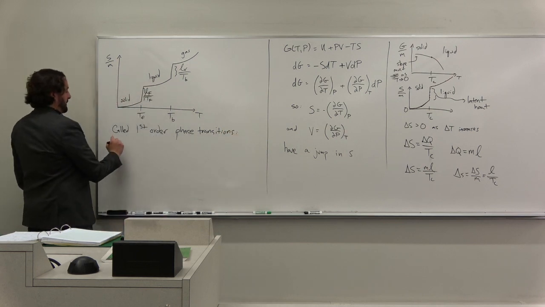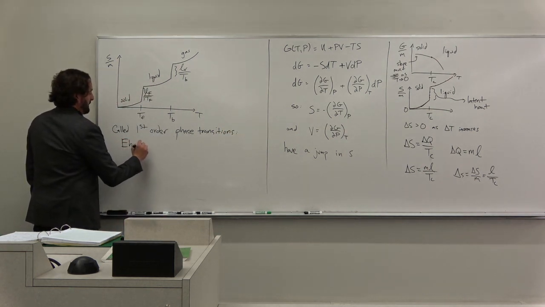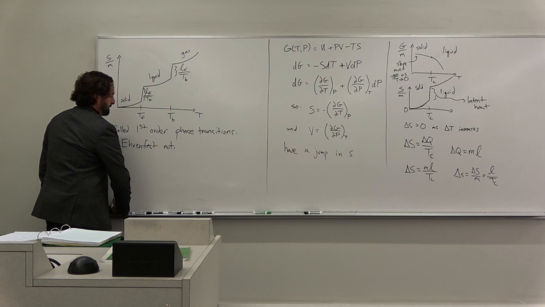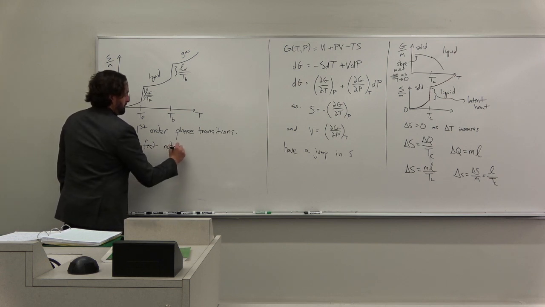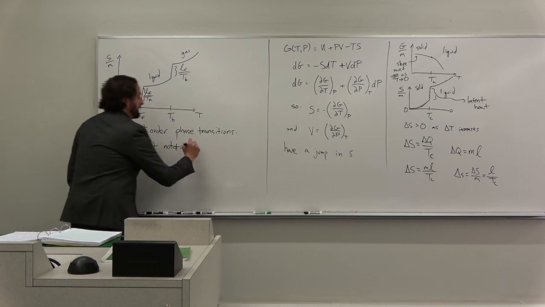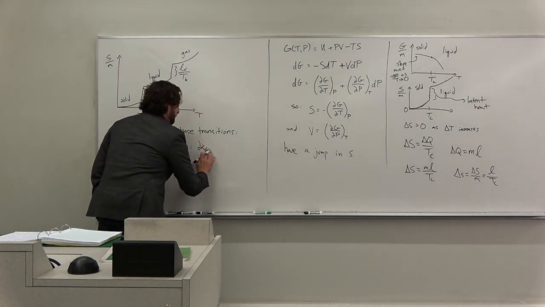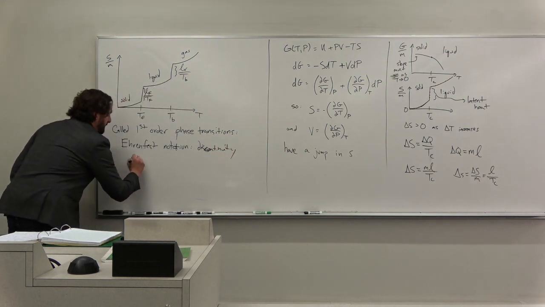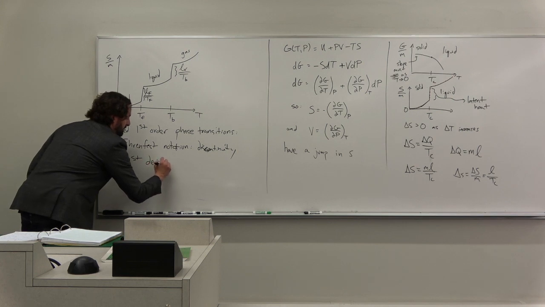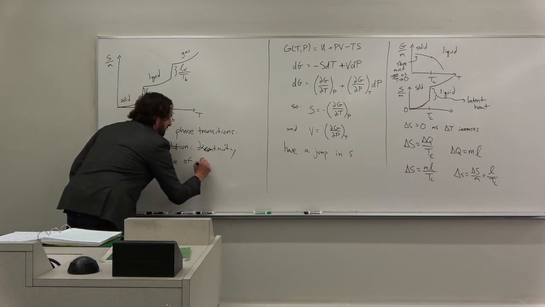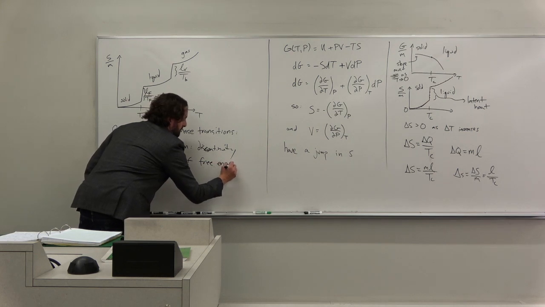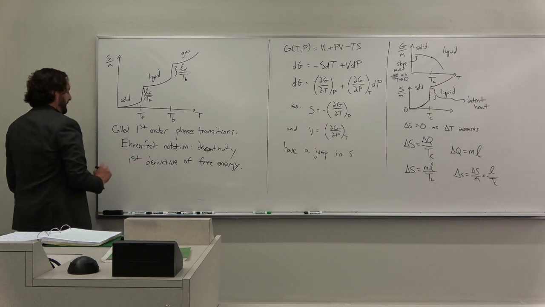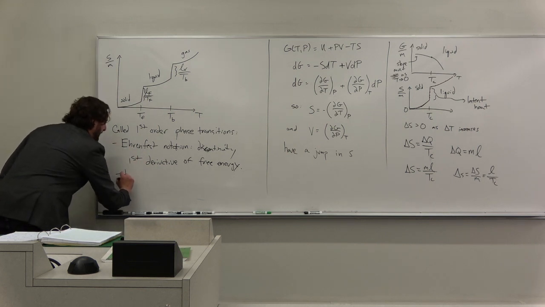And originally, these were called that in what's called the Ehrenfest notation, because they have a discontinuity in the first derivative of the free energy. Nowadays, they're called first order phase transitions because they have a latent heat.